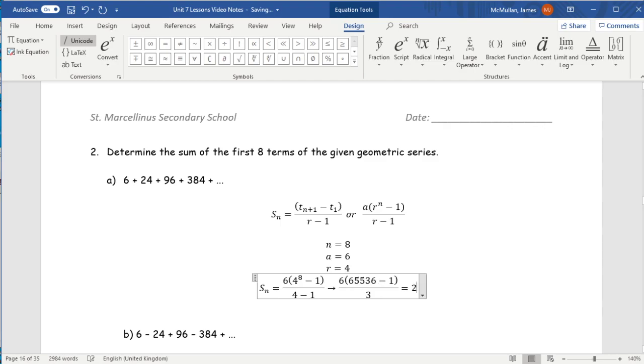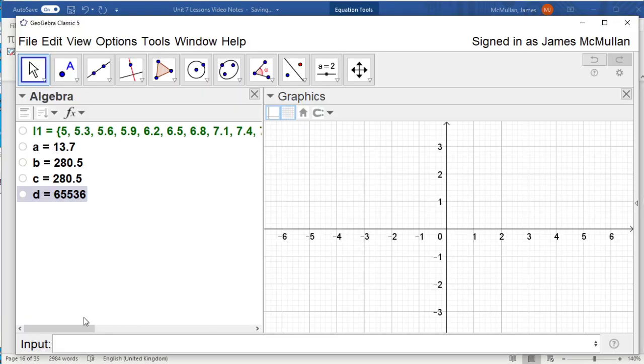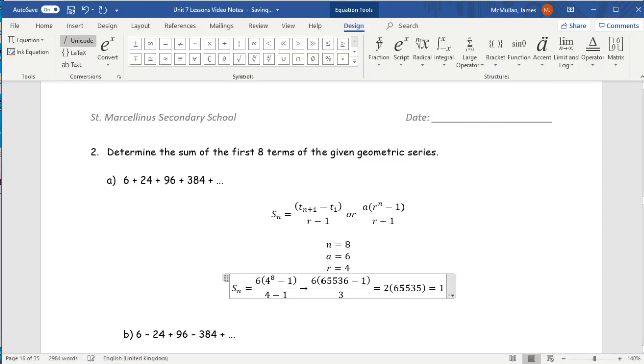Therefore you get 2 times 65535, and that would be 131070, the sum of those first terms.